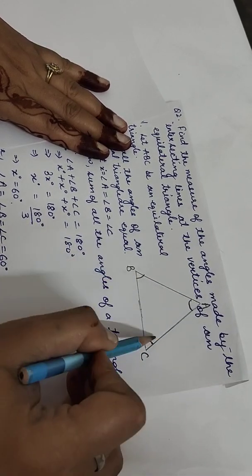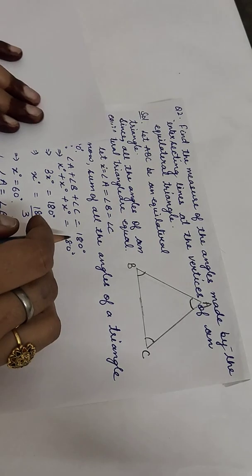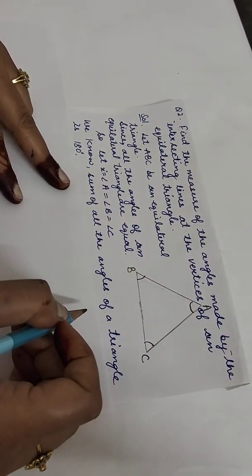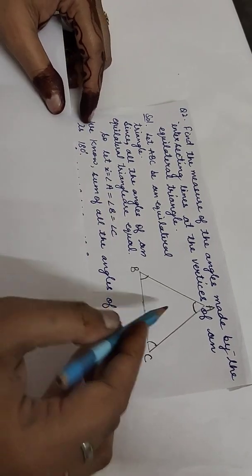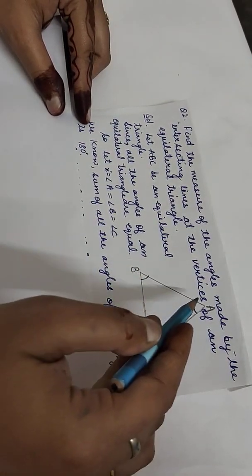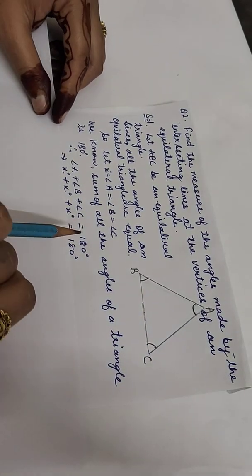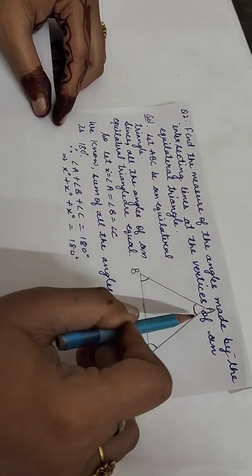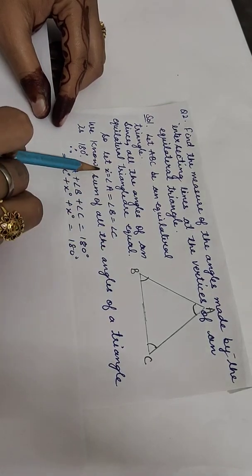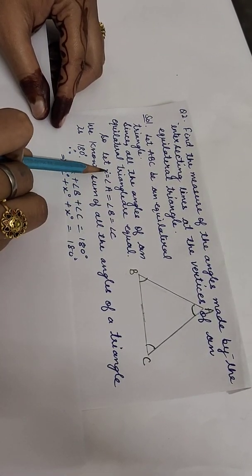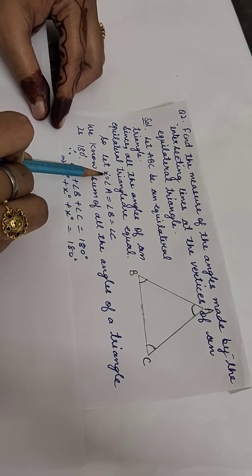So let us consider this is an equilateral triangle ABC. As we know, the sum of all the angles of a triangle is 180 degrees, and in an equilateral triangle they are all equal. So in this question, as they are all equal, we suppose each is x degrees.